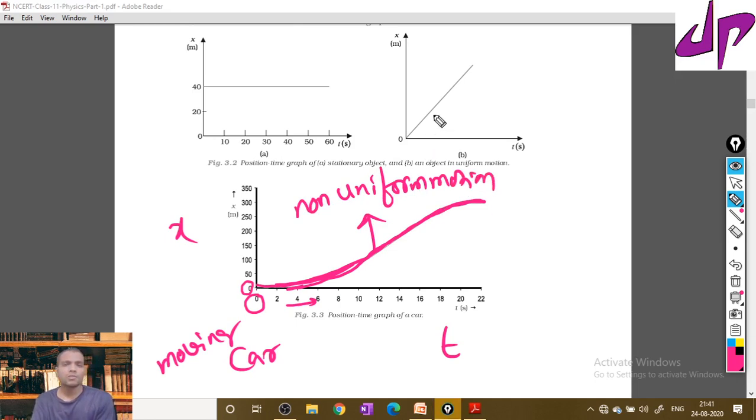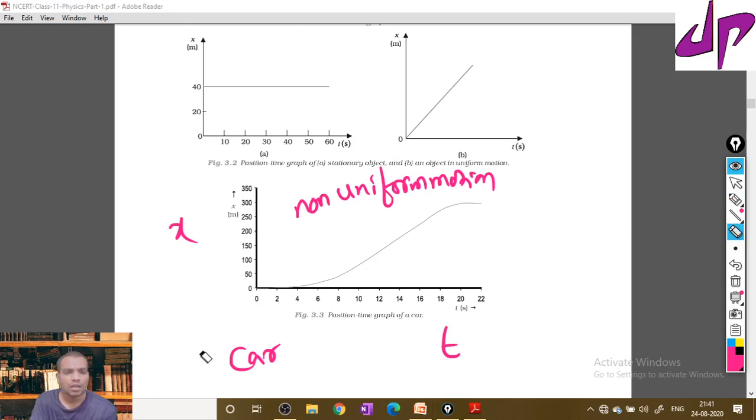The difference between uniform and non-uniform motion is only this. Uniform motion always gives a straight line graph that passes through the origin. But in non-uniform motion, the graph is not a straight line. It's a curve. So this represents that the motion is non-uniform.